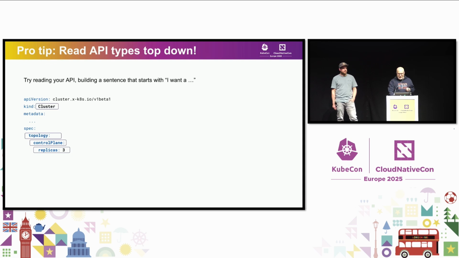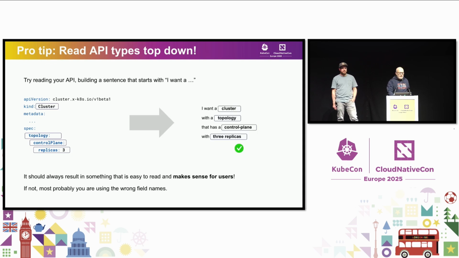So if you do the exercise here, it is: I want a cluster with a topology that has a control plane with 3 replicas. It is a simple sentence. It makes sense. It is easy to read. The user can understand it. This is a good sign, a good evidence that you are creating a good API.